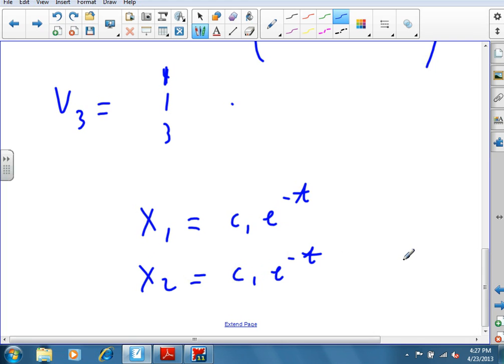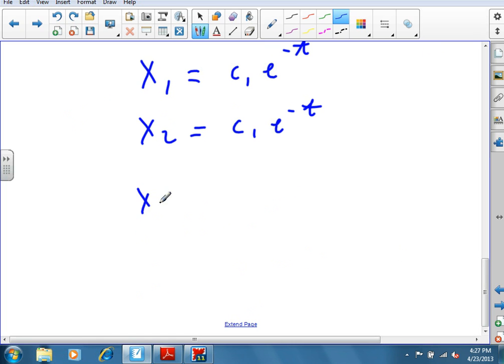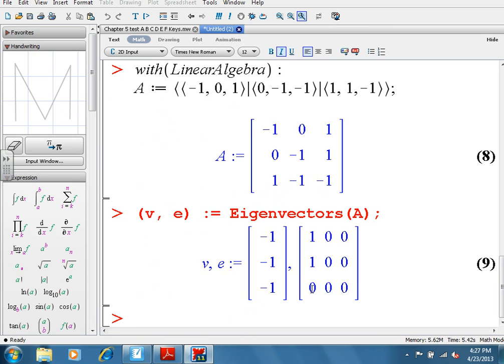And then nothing else in the equations matter. And x3 is 0. Right? x3 is 0. Boom, boom, boom, boom. C1 times the eigenvalue. Yeah, and that's not what's in the back of the book anyway. Well, I guess we've messed around with this long enough.